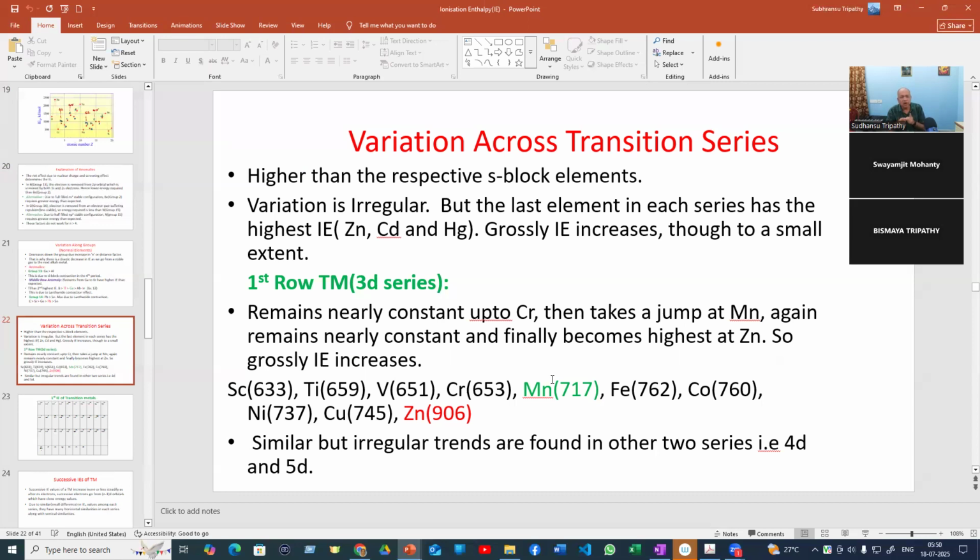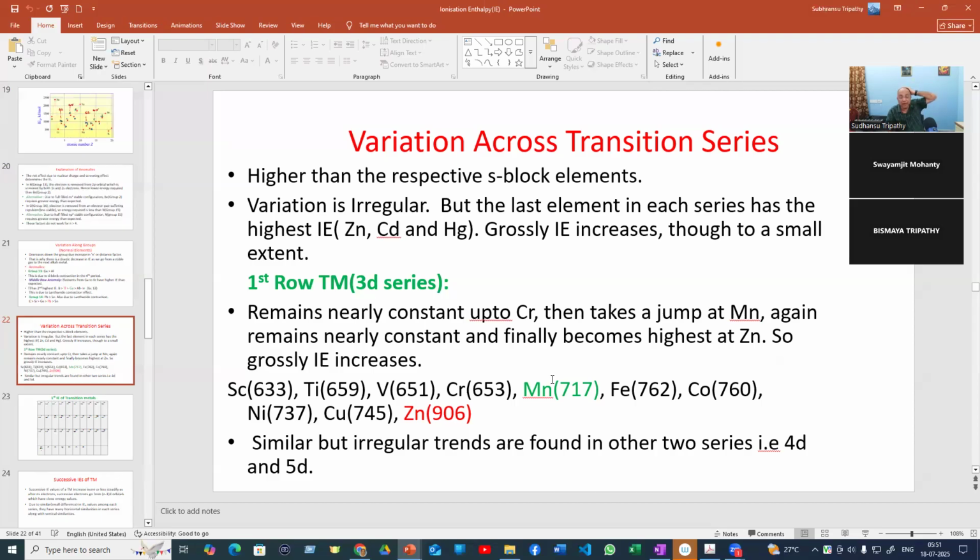Chromium was 4s1 3d5. There was no repulsion factor. There was one electron. And of course, nuclear pull was only for 24 protons. It is 25 protons now. So one electron that had no other electron, you remove easily by spending 653.